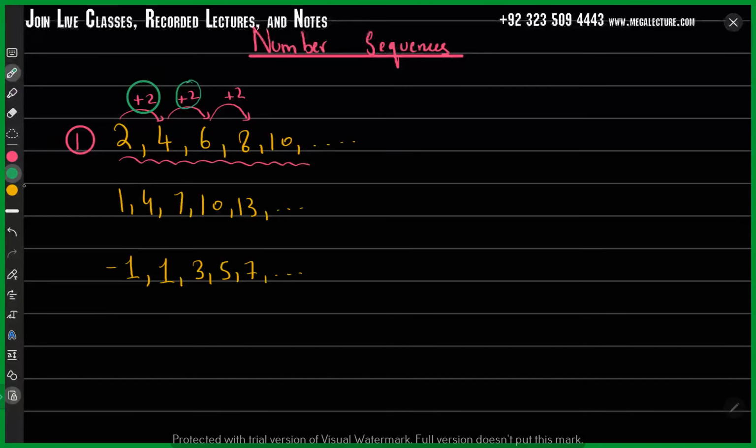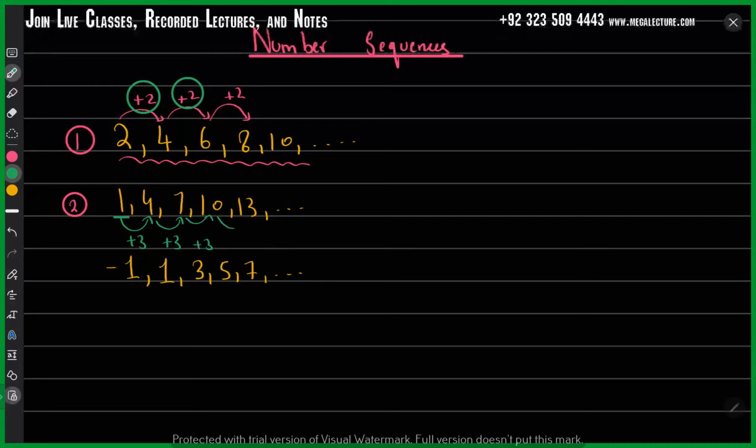For now we are only talking about what exactly a sequence is. If we study the second sequence, I have 1, then 4, I've added 3, then I have 7. Again, I've added 3, and then again, and then again.